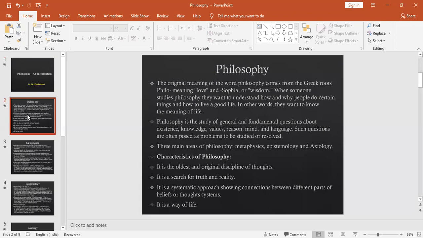It is love of wisdom. The root of the word is from Greek: philo means love and sophia is wisdom. So it is very essential to understand the very meaning of the word philosophy. Philosophy is a study of general and fundamental questions about existence, knowledge, values, reason, mind, and language.